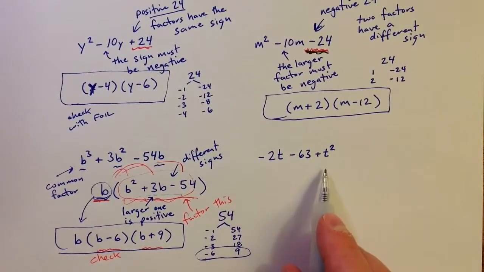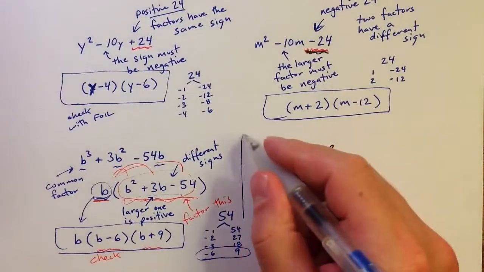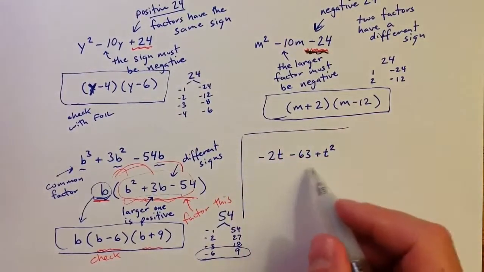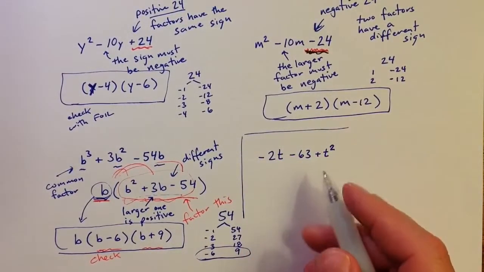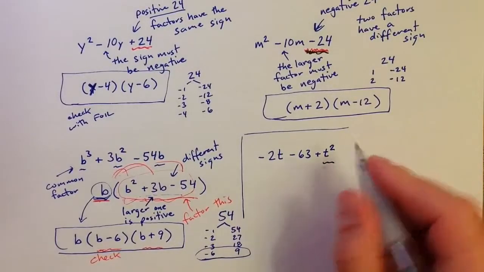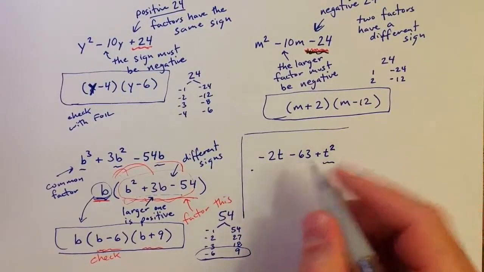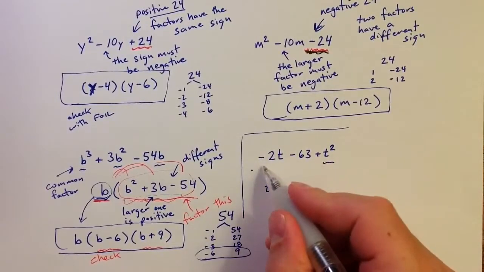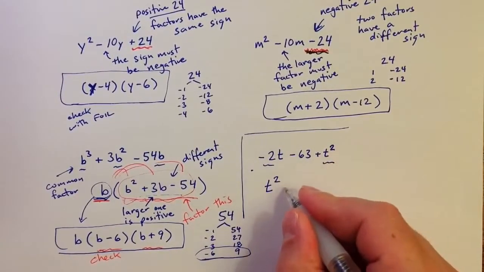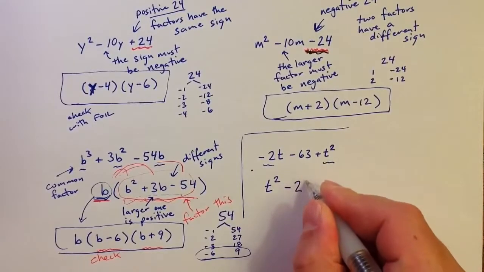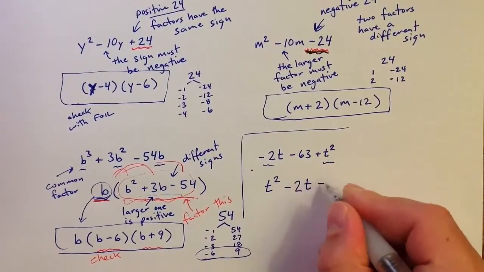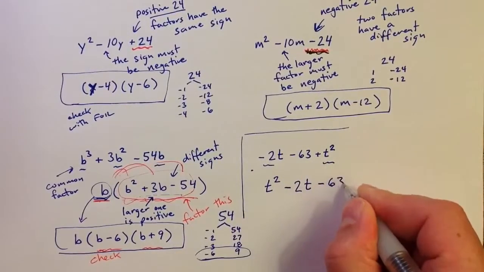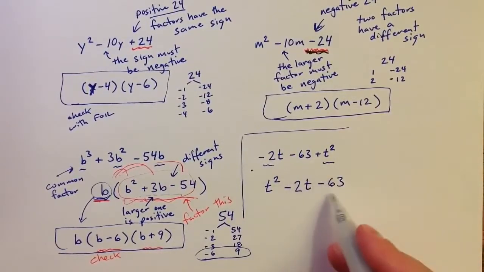In the last example here, the order is different than what we usually would expect. So I have the square term at the end instead of at the beginning. I can rewrite the order of the terms as long as I'm careful. The negative 2 essentially means I need to always keep that minus sign in front of the 2, and negative 63, of course, is going to be a negative 63 at the end.